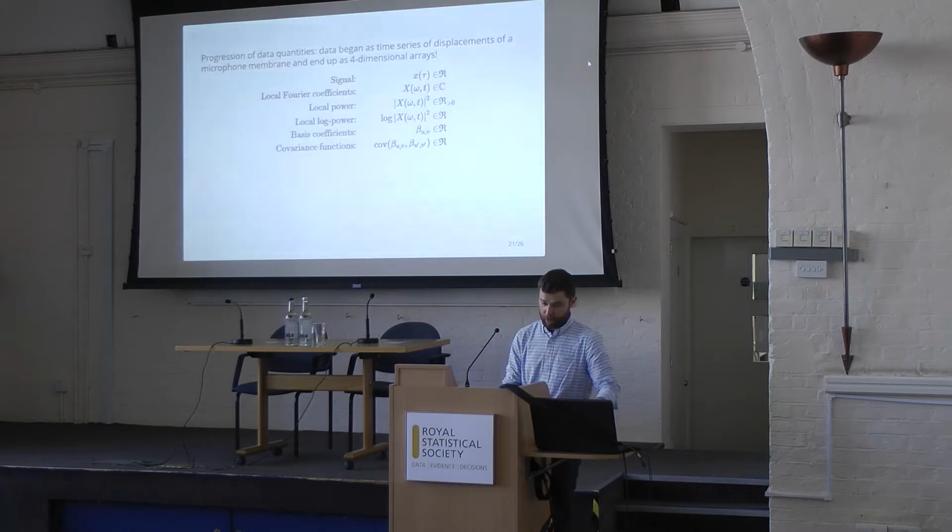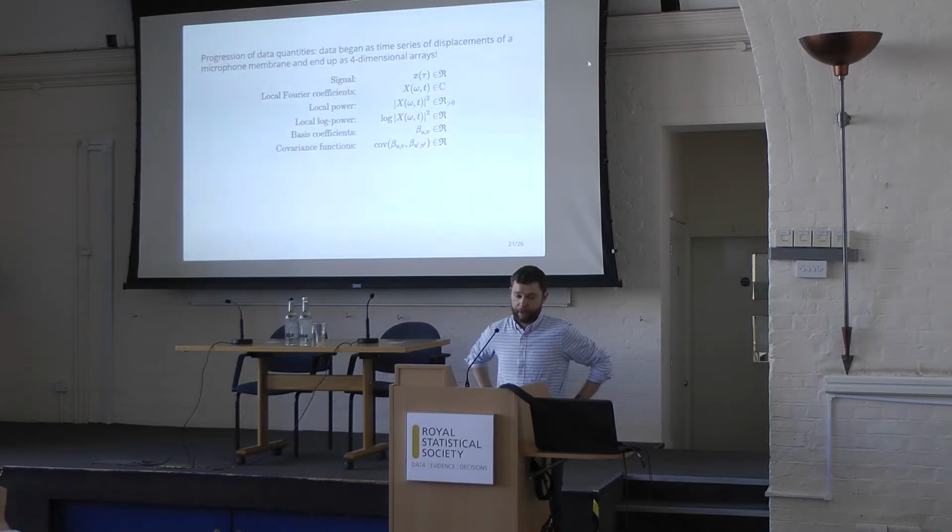So back to this storyboard again. We started out with our real signal, went to complex local Fourier coefficients, which were complex numbers. Then we went to the local powers, which were real positive numbers. We took the logs of those things, back to the real line. We could look at a basis representation of the smooth log spectra, right?